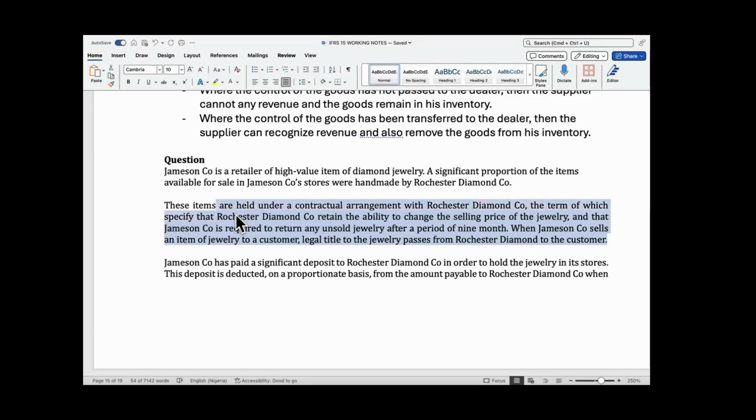Reading this alone, I'm sure every one of you should be able to see that, as far as Jameson and Rochester are concerned, Rochester cannot say he has earned the revenue when he puts those goods in Jameson's store. Because look at it, Jameson is required to return any goods unsold after a period of 9 months. So that means he didn't even buy, it's a consignment. You just say, sell on my behalf. It's like a dealer.